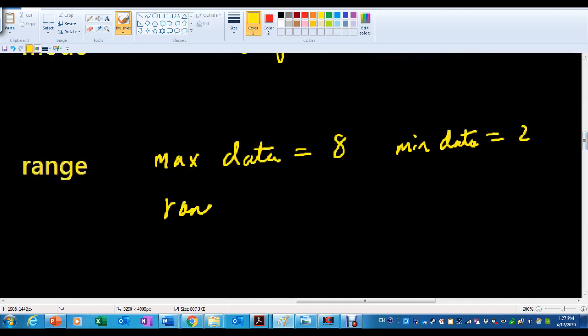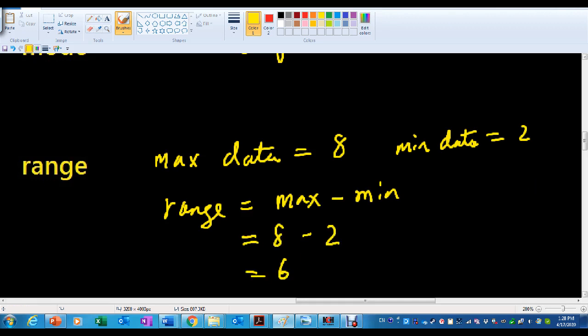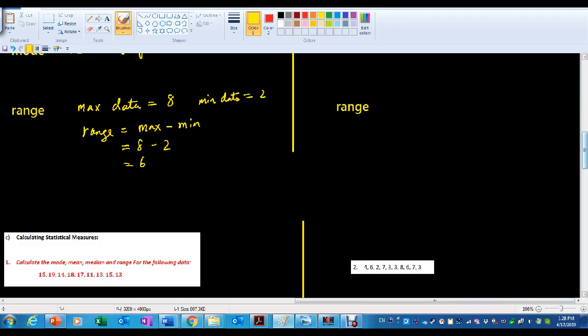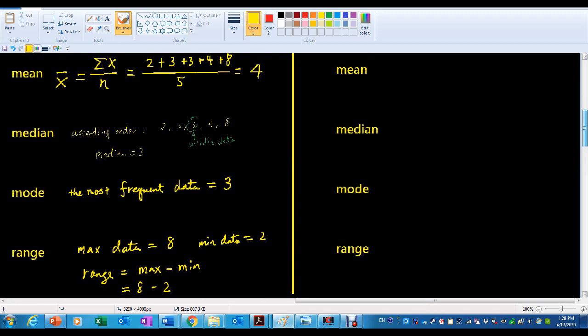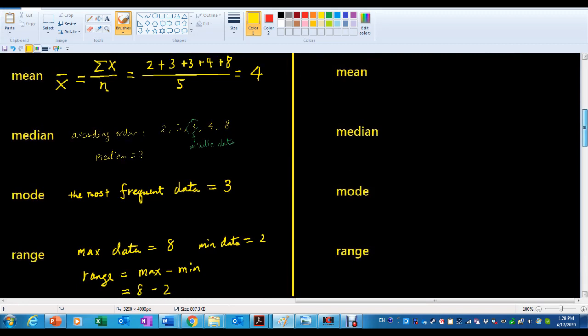So range is maximum data minus minimum data. We just use 8 take away 2 will be 6. So that's one measure of the spread. So that's basically 4 things we need to understand how to calculate.